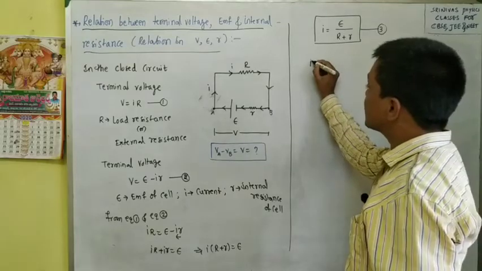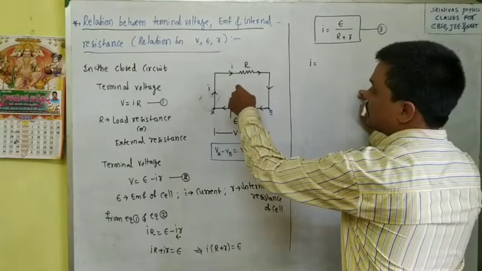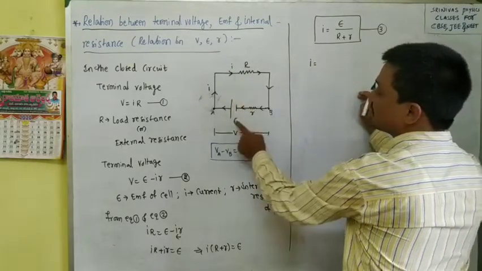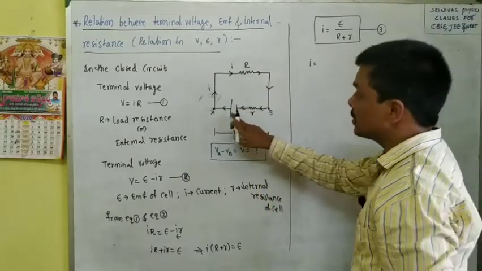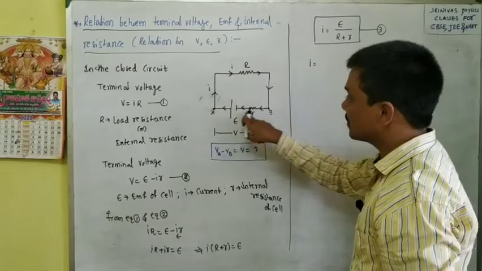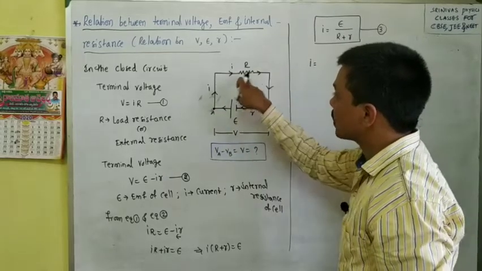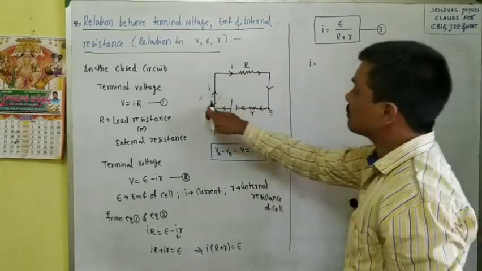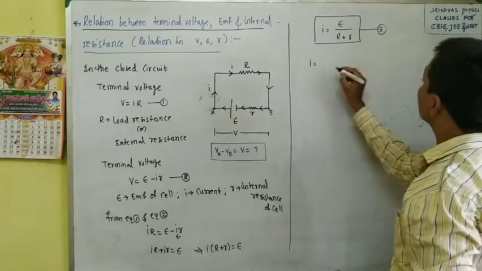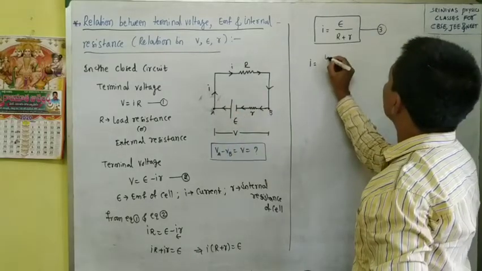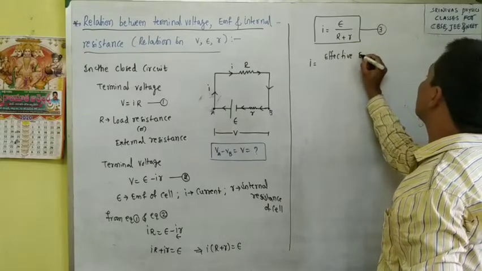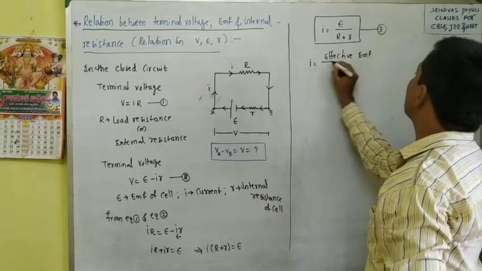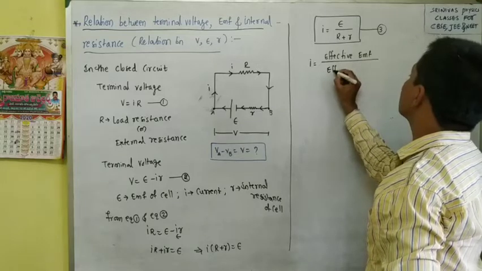This is equation 3. We can write this as the current in this circuit. The current formula is EMF by total resistance. This capital R and small r are in series, because the current does not divide, the same current flows through capital R and small r. It is only one way. So E is the effective EMF, and this is a very important formula: current equals effective EMF by effective resistance.